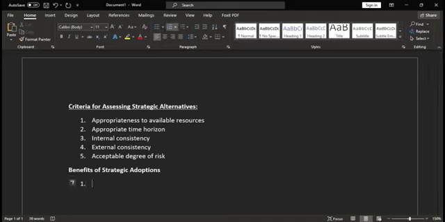Strategy formulation and implementation provides the following benefits.